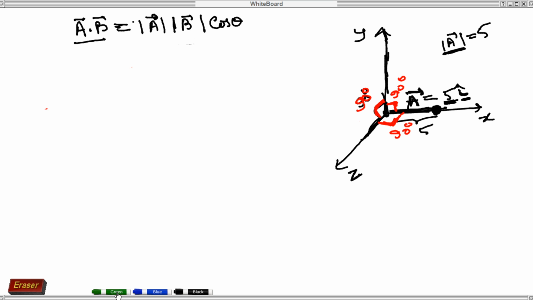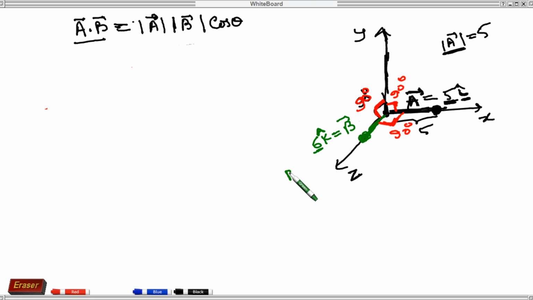So there is another vector, b, which is a vector along z, equal to 6k. What is this 6?